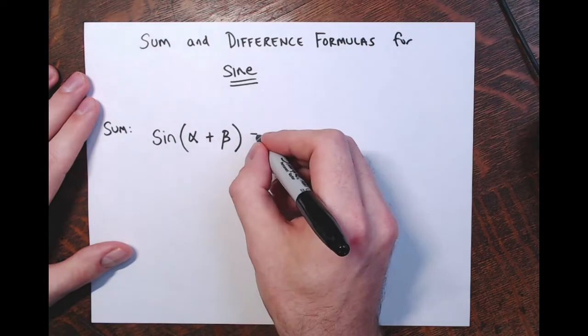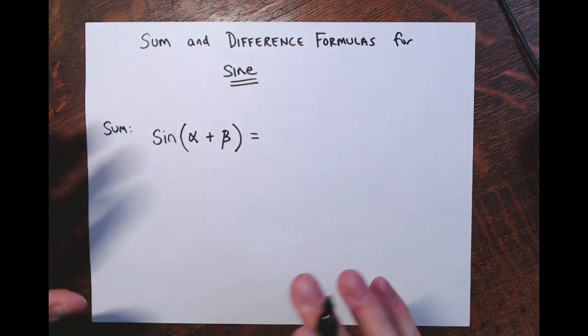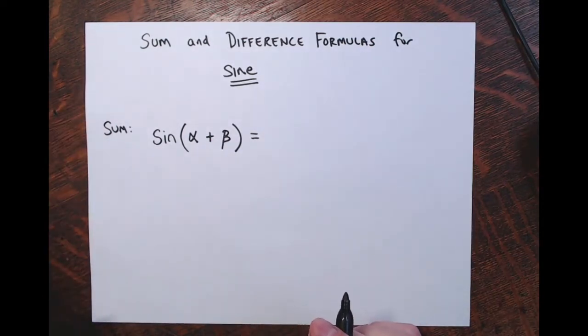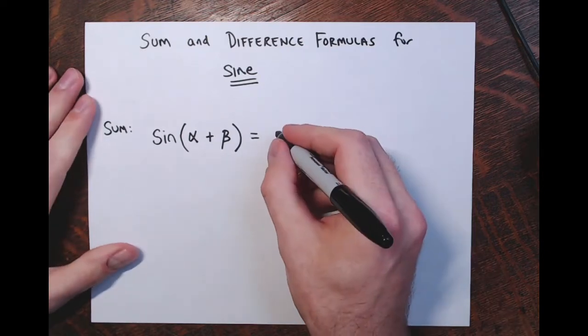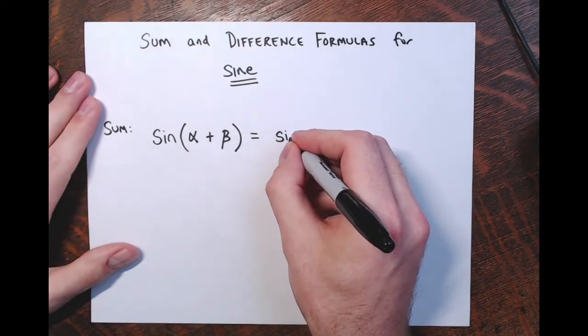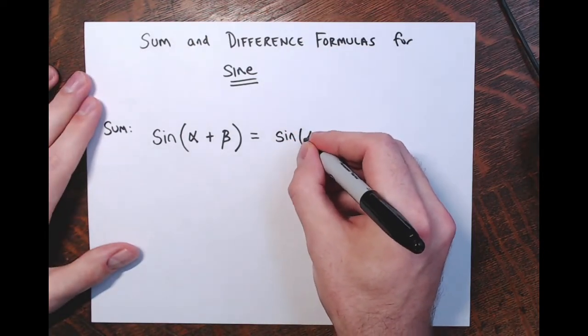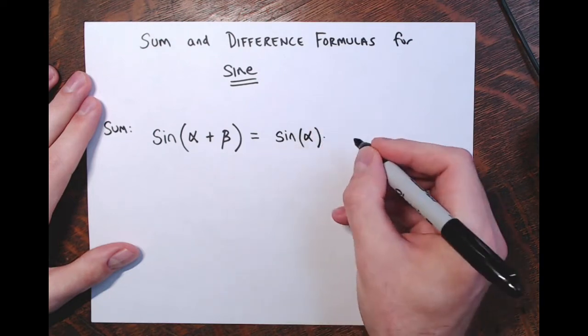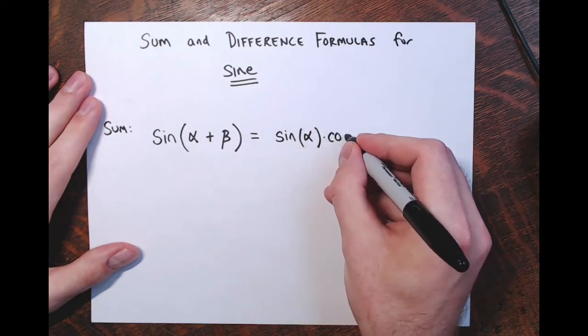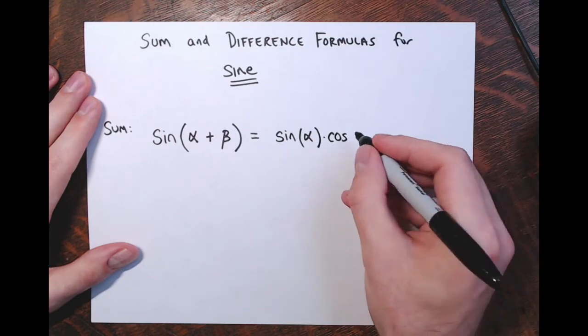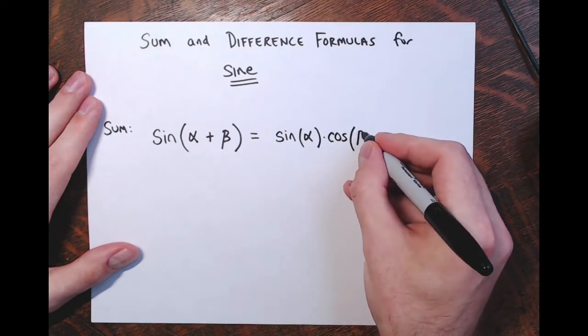Again, hopefully you've done your reading, and I'm just going to go into what the formula is, and then we'll use it. It's the sine of the first angle, the sine of alpha, multiplied by the cosine of the second angle.